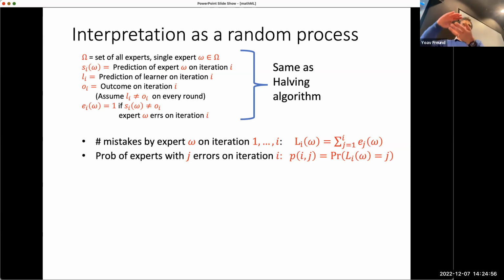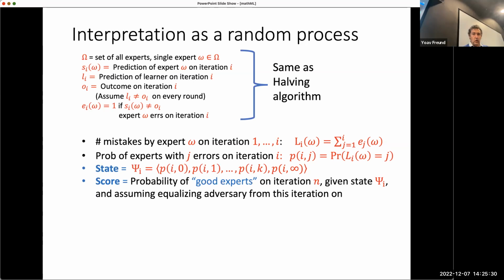So that's basically the mass of experts that are in bin J at iteration I. And the state is the distribution over these K bins plus 1, plus a bin for everything else, okay? So that's the state. And again, the state is all that matters. We don't need to know how we got to the state.